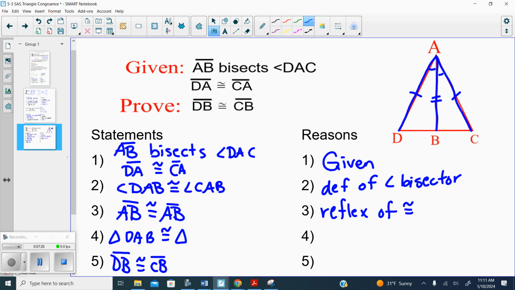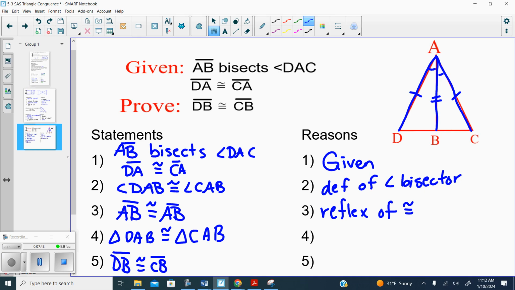If I go D, which angle matches up with D on the other one? Angle A up here matched with angle A on the other one. So then that means it has to be CAB.